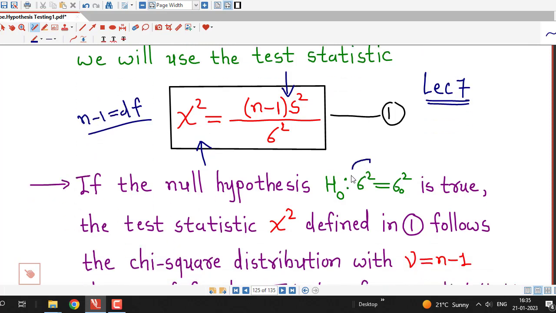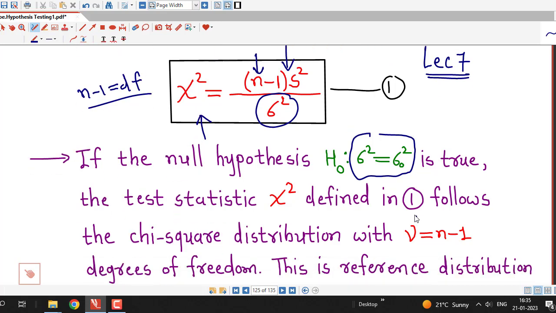If the null hypothesis is true, then we can substitute sigma square equal to sigma 0 square; the sample size will be given, and the sample variance will also be given. So using this we can calculate the value of the test statistic, chi-square, and we will consider degrees of freedom equal to n minus 1.